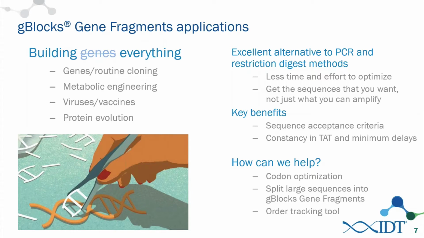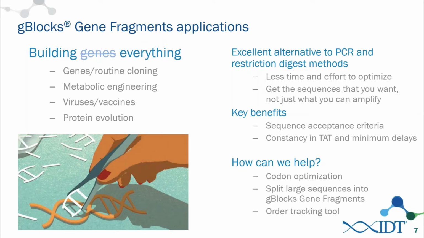When you use gBlocks gene fragments, you can get the sequence that you want and just clone that directly. That sequence doesn't have to be anything occurring in nature, so it doesn't limit you to the possibilities that are already available and could be PCR amplified.